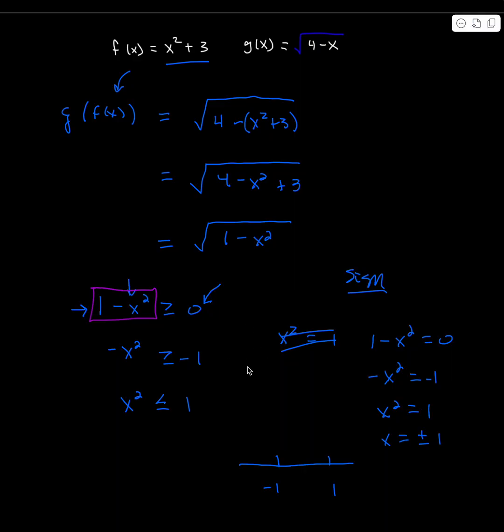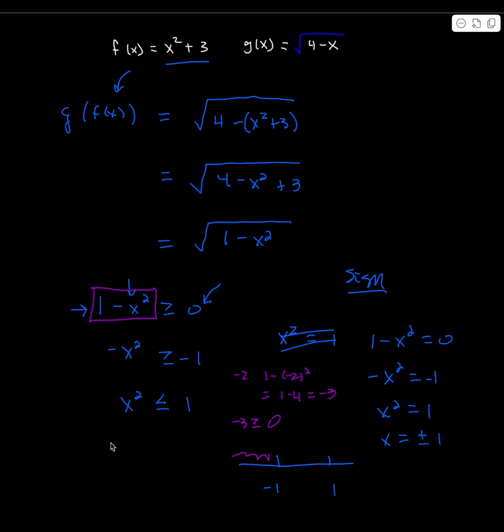So I'm just going to plug in -2 as my test point, and so 1 minus (-2) squared is equal to 1 minus 4, which is -3, right? Well, is -3 greater than or equal to 0? No, it is not. So that means it doesn't work, right? We need it to be greater than or equal to 0. And every number to the left of -1 will not work.